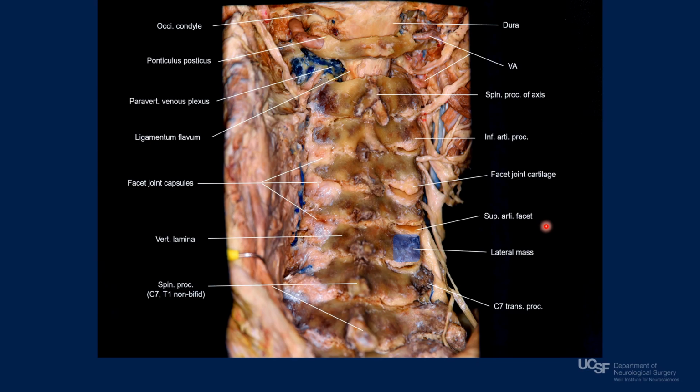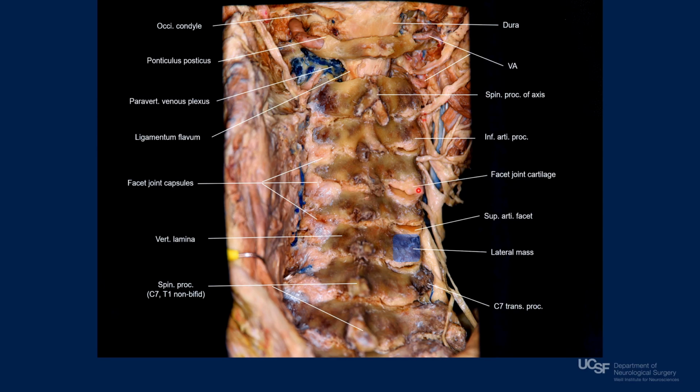When we talk about the relationship between vertebrae, we should take into consideration not only the osseous components, but of course the joints, ligamentous components, and neurovascular structures that are involved in these relationships. So from this posterior view of the cervical region and upper thoracic region, we can visualize two of the three joint complex.